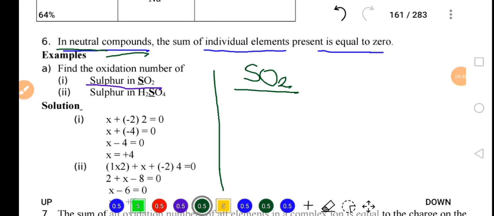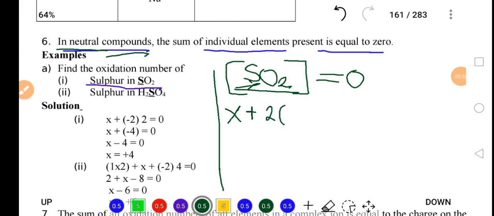So, we are going to say the charge of this compound equals 0. Now we are looking for the charge of sulfur. So we will say X, the charge is not known, plus how many atoms of oxygen are there in this sulfur dioxide? There are 2 atoms. What is the charge of oxygen? -2.